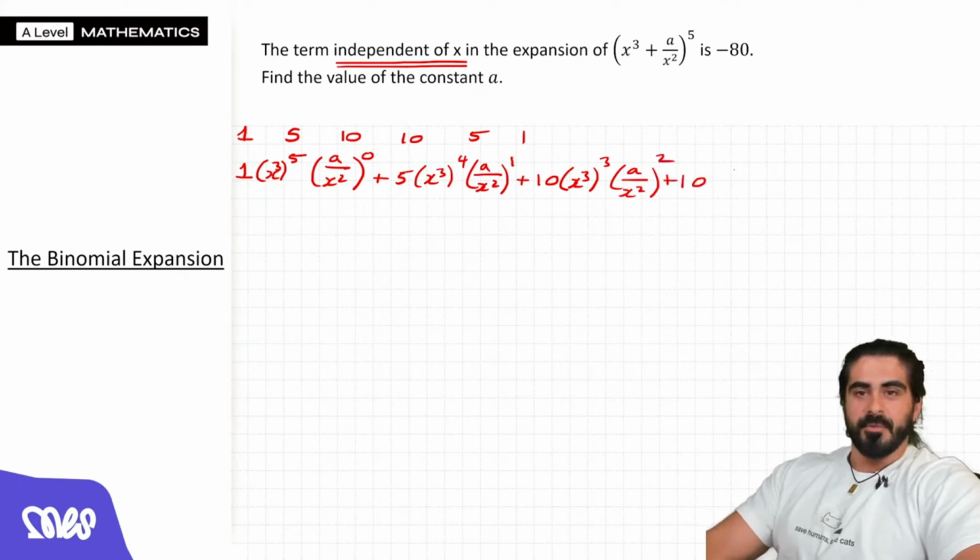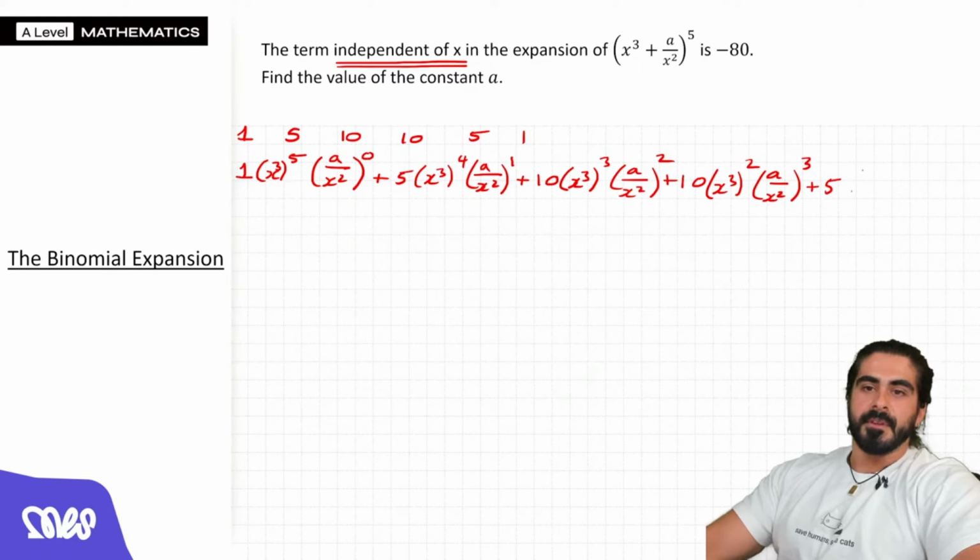Hopefully I can fit this on one line, but I don't want to cramp it in. x cubed squared, a over x squared cubed. We have 5, x cubed to the power of 1, a over x squared to the power of 4.